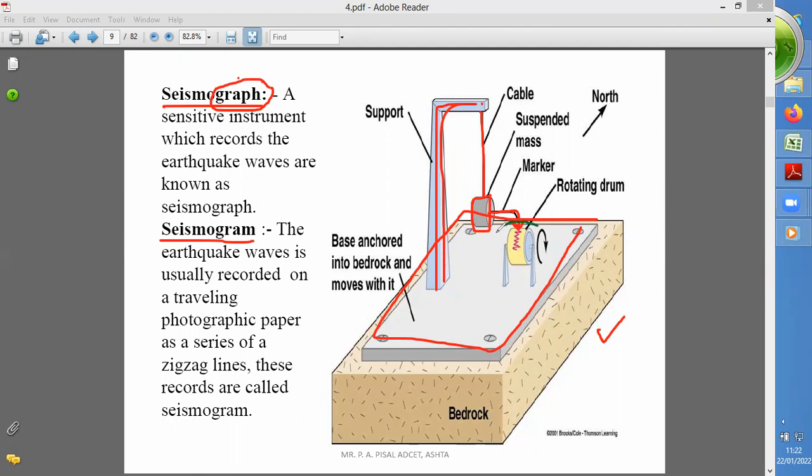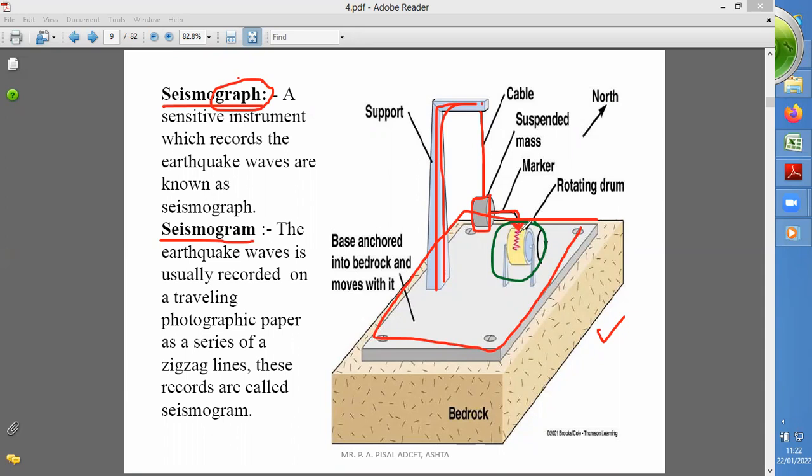I have marked it with the green color. So in the green color, I have shown you the rotating drum. This rotating drum is continuously rotated with the same speed, and on that rotating drum, the graph paper is attached.